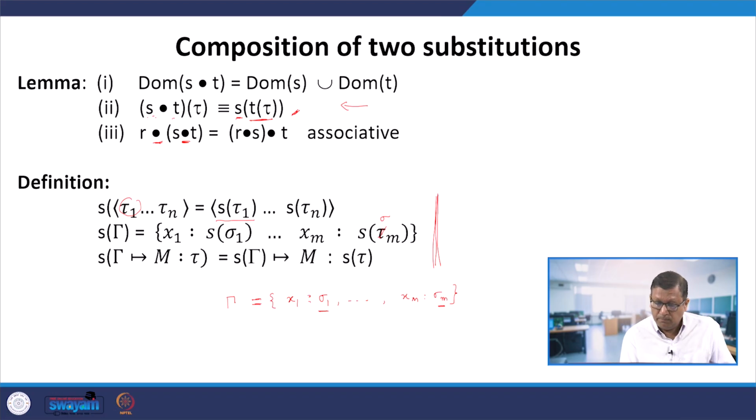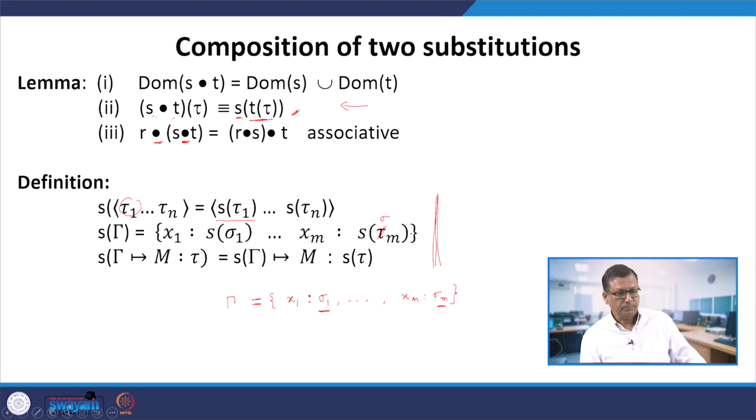So it should be that we write either tau 1 consistently or sigma. Here, if I have this assignment, then S of gamma, meaning sigma 1 through sigma m, will be replaced by S of sigma 1, S of sigma 2 and S of sigma m. This is what it is saying.